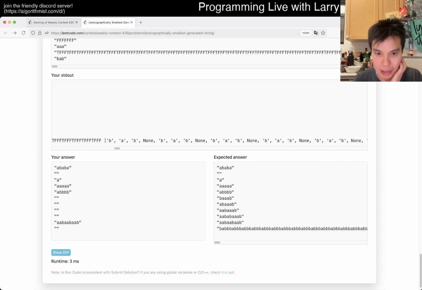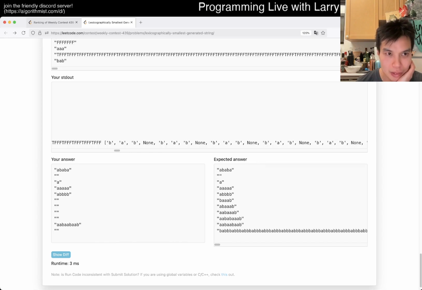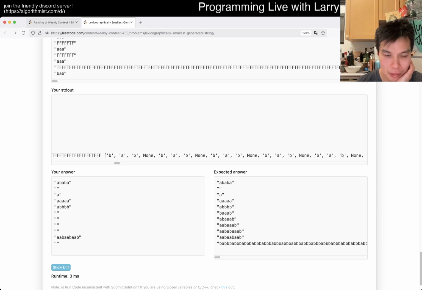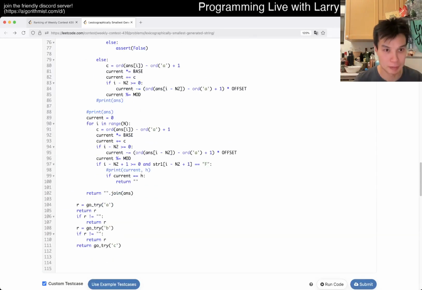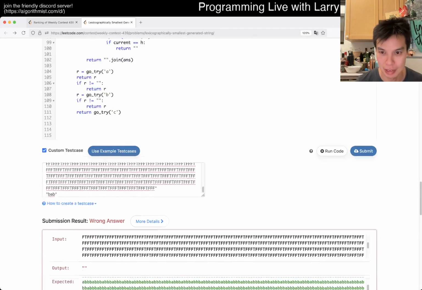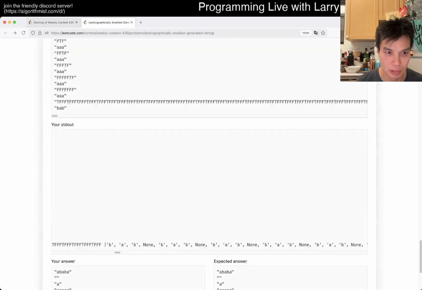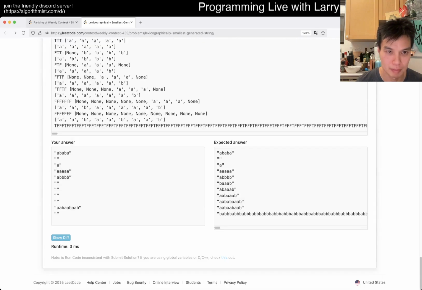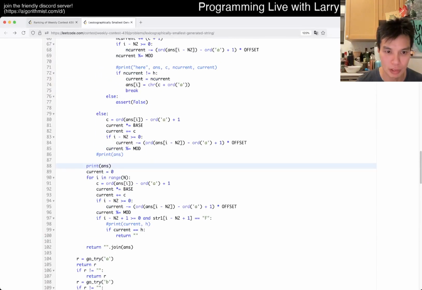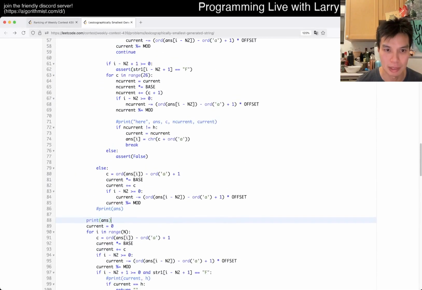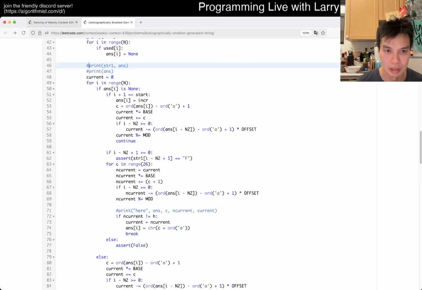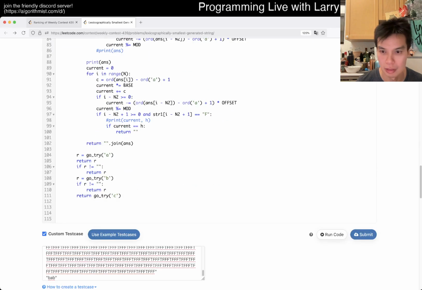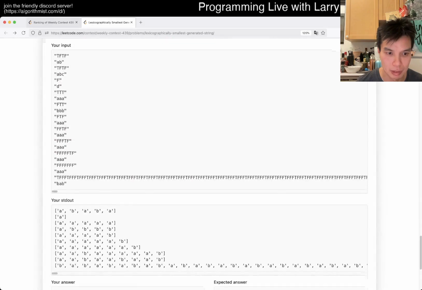Okay, so BAB. This segment is 4, so BA. This is a B. Do I know that this is a B? Do I have this at all? Do I early terminate or anything? I definitely early terminate even before this. So am I returning early? Maybe not.